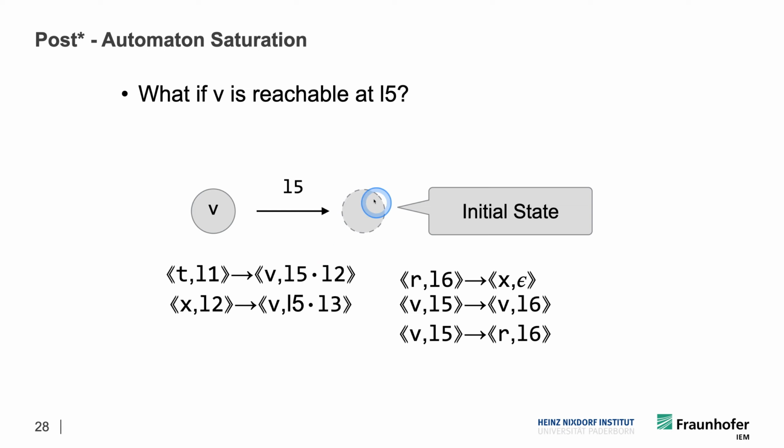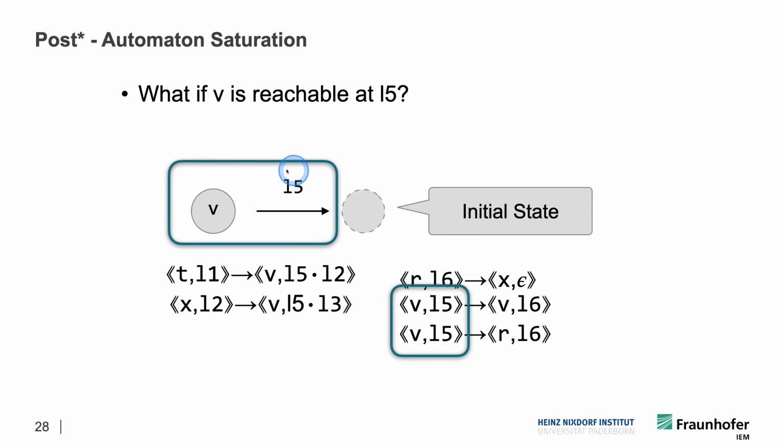Just for the sake of an example, we could start with such an initial configuration that looks like this. Here we have an explicitly marked initial state, and this is now reachable from variable v at line 5. This is basically telling us we assume that v is tainted, for instance, at line 5. Okay? Now we take a look at the rules and which of them we can apply in this particular situation.